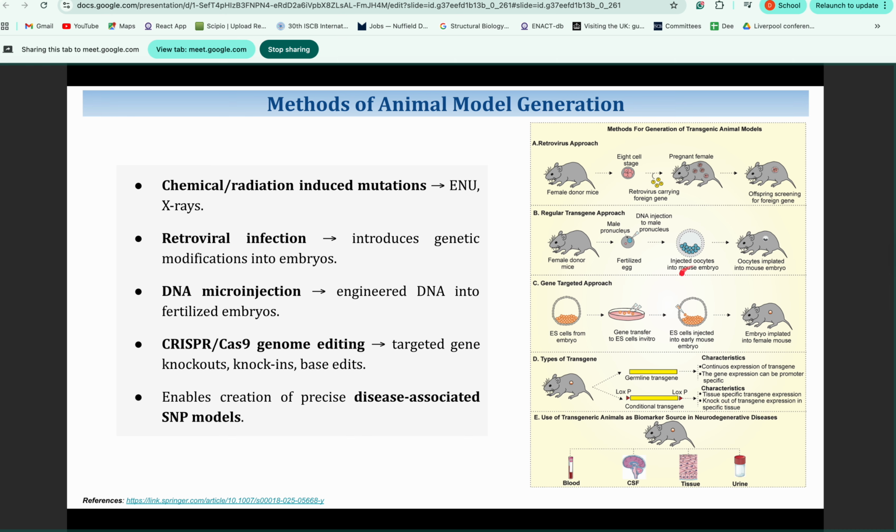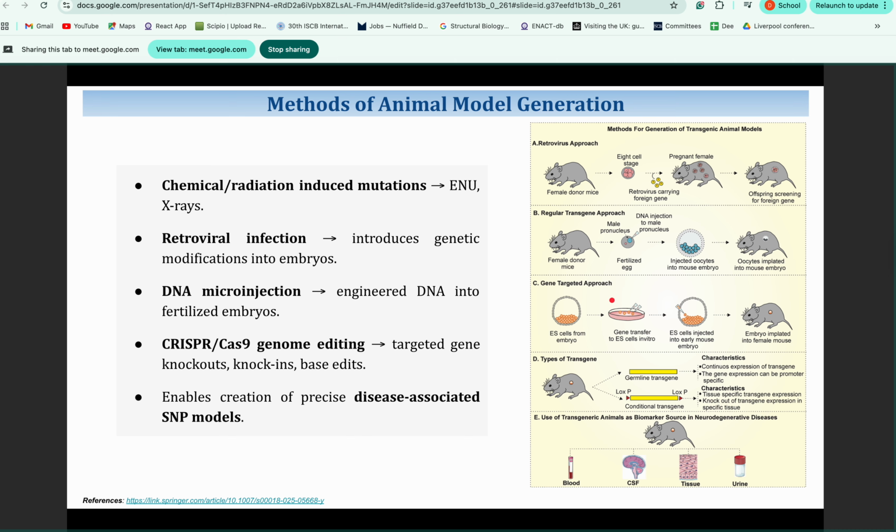Now we inject these oocytes into the mouse embryo and oocytes are implanted into the mouse embryo, and then later on we can study how the offsprings come out, whether they have some kind of modifications or some kind of changes or not.